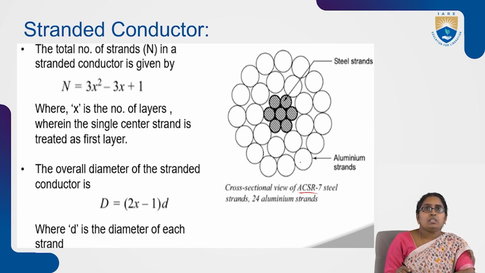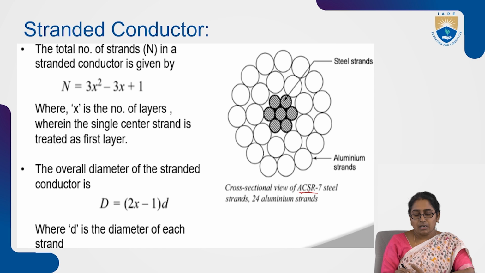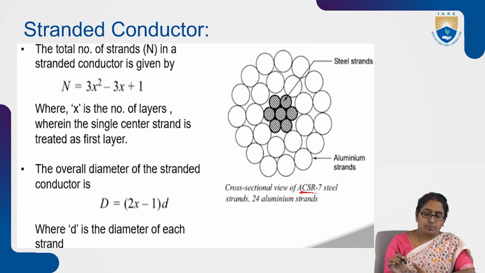Here you can see in the diagram a standard conductor with 7 steel strands and 24 aluminum strands. Aluminum conductor steel reinforced means the inner strands are steel and the outer strands are aluminum. So there are 7 steel strands on the inner side, and the outer strands are aluminum, which are 24.